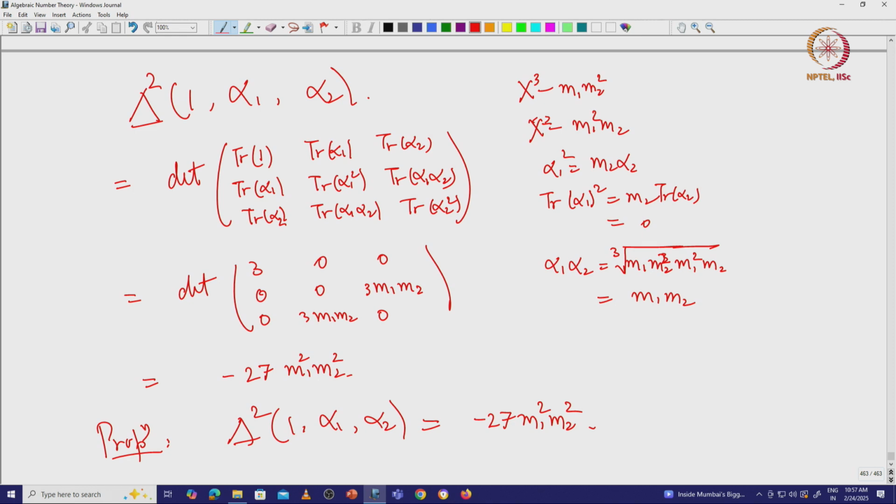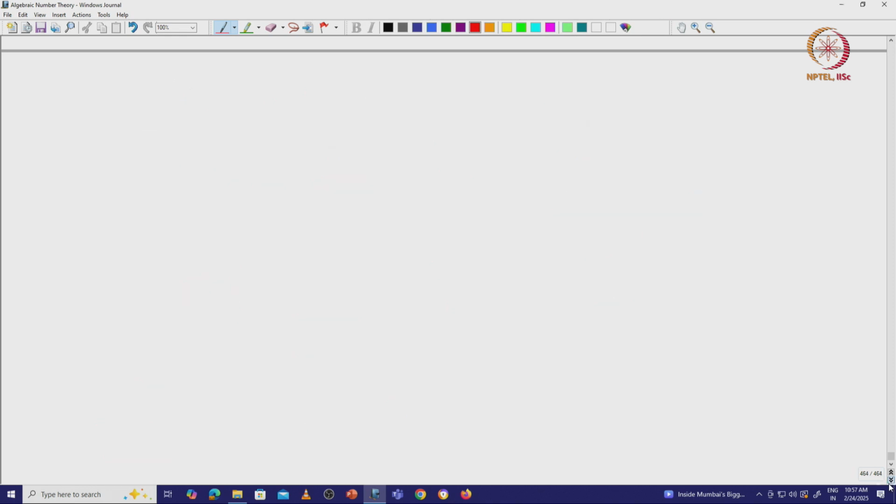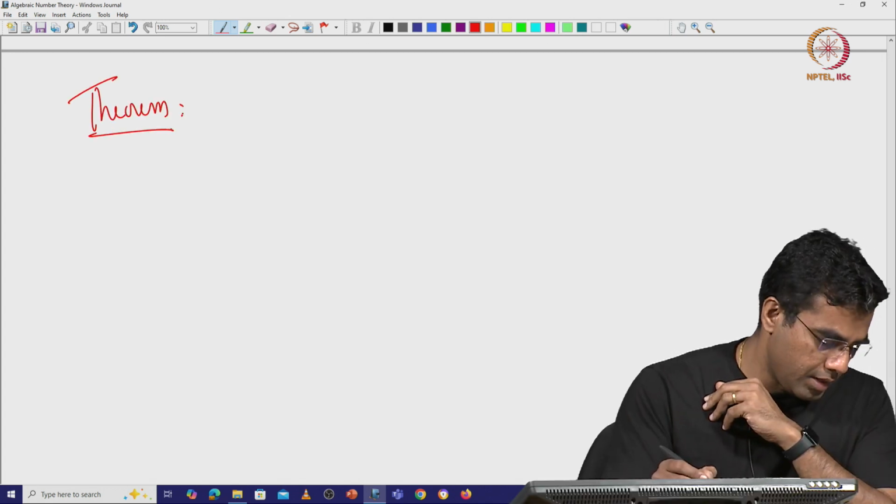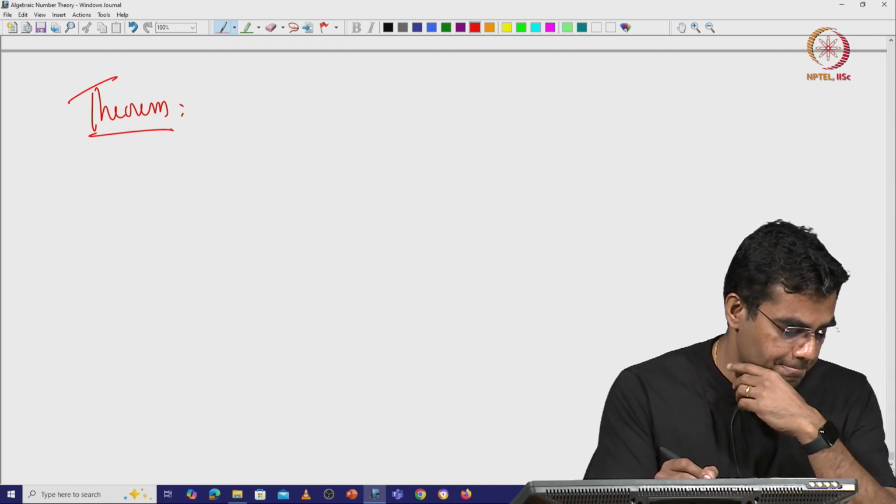There are lots of possibilities, but actually most of these possibilities do not happen. So here is a theorem that we proved today.